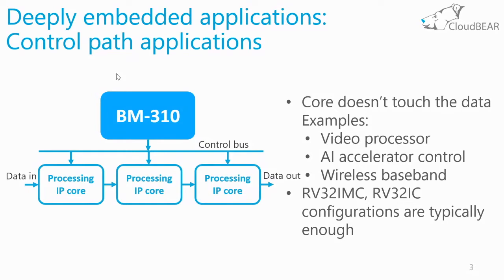So in this case, cores are doing configuration and state machine-like jobs. Examples we face are some video processing chains, AI acceleration control, wireless baseband controlling. In these cases, customers typically ask for a simple configuration like the RV32 IMC configuration.